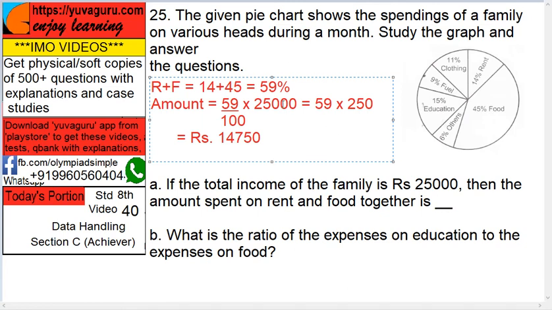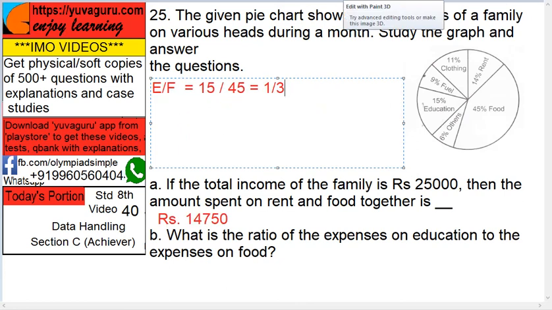If 100% equals 25,000, 59% equals, so 59 upon 100 into 25,000. It's a direct proportion. What is direct and inverse? I have explained it in my other earlier videos also, and also you have studied it in 7th standard. So 59 upon 100 into 25,000. Solve this. 59 into 250. So rupees 14,750 is spent on food and rent together.